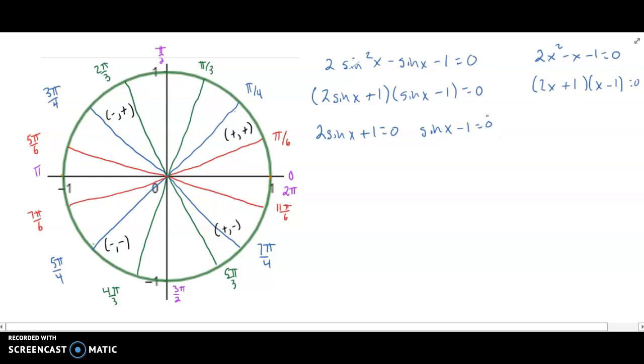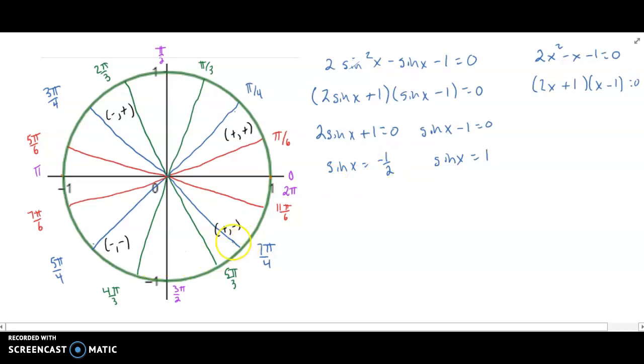So once I solve those, I'm going to bring over my 1 and divide by 2, giving me sine of x equals negative 1/2, and sine of x equals 1. I'm looking for the solutions to those two equations. So I'm getting kind of a 2-for-1, two trig equations at one time. I'm looking for sine of x equals negative 1/2.